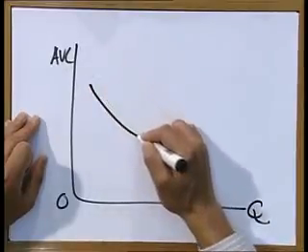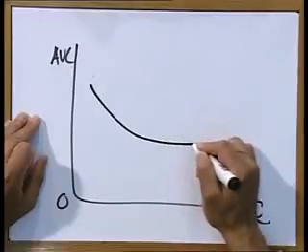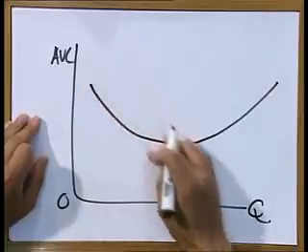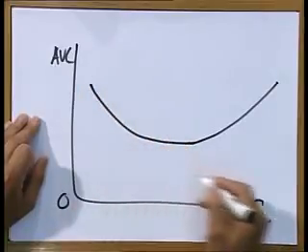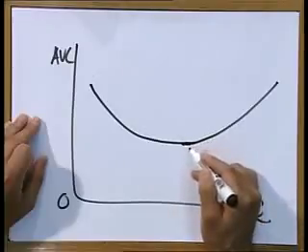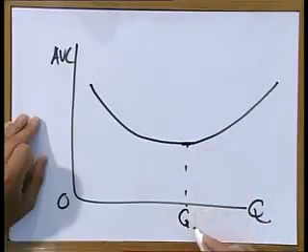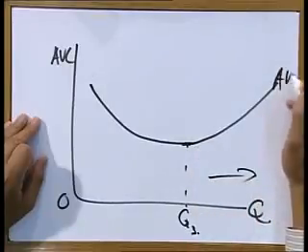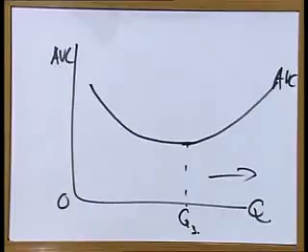It will be declining, then it will reach a minimum point, and then it will start increasing as you produce more. So at the beginning, as your output increases, it's declining, and then it reaches a minimum point at a certain level of output, say Q3, and then if you produce more, it will increase. So this is the shape of your AVC curve, which is very important in terms of future chapters.